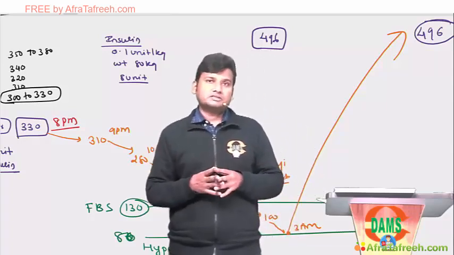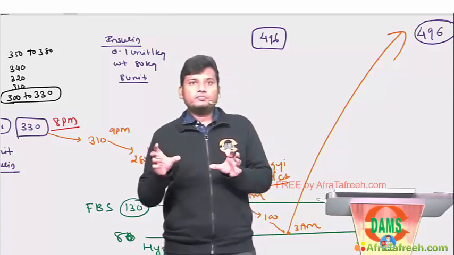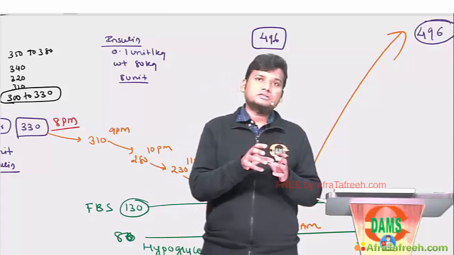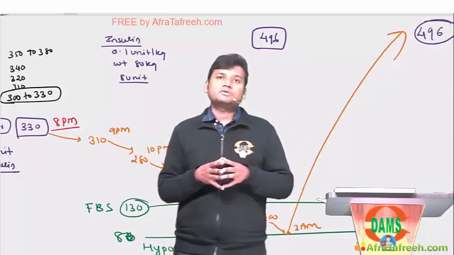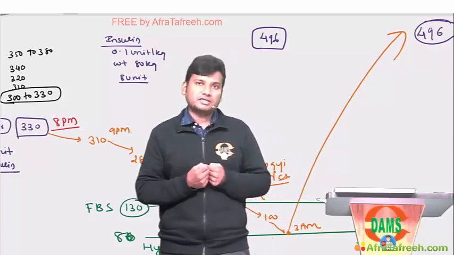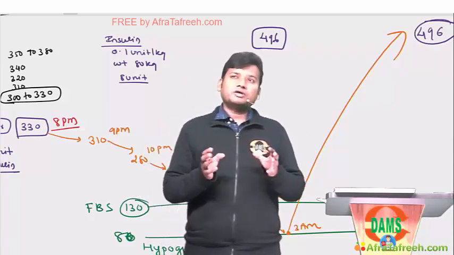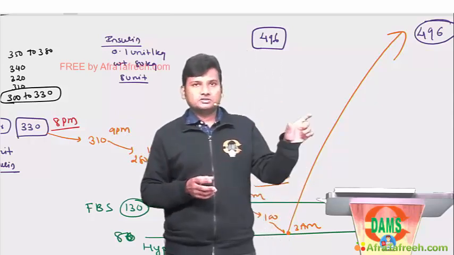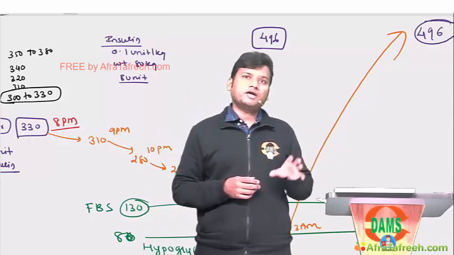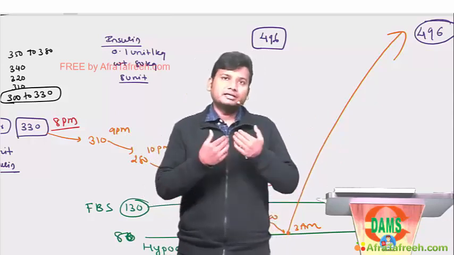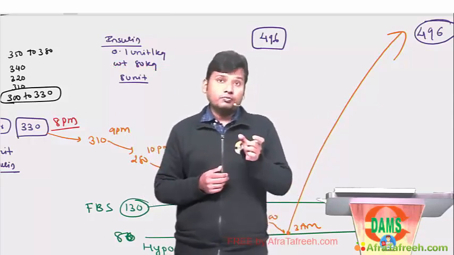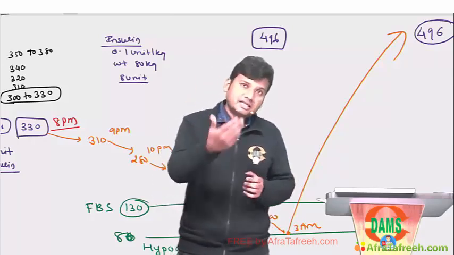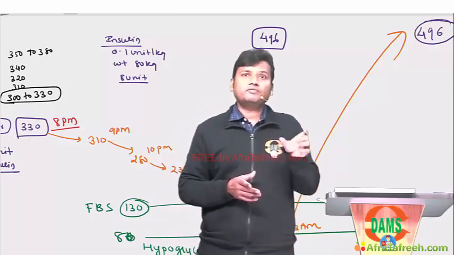So what happens? 0.1 unit per kg. This value is given on the basis of evidence. Suppose we have taken 1000 patients of diabetes. Out of that 1000, to the first 100 we have given 0.05 unit per kg dose of insulin. To the next 100 patients we have given 0.07 unit per kg. Then to the next 100 patients we have given 0.1 unit per kg.